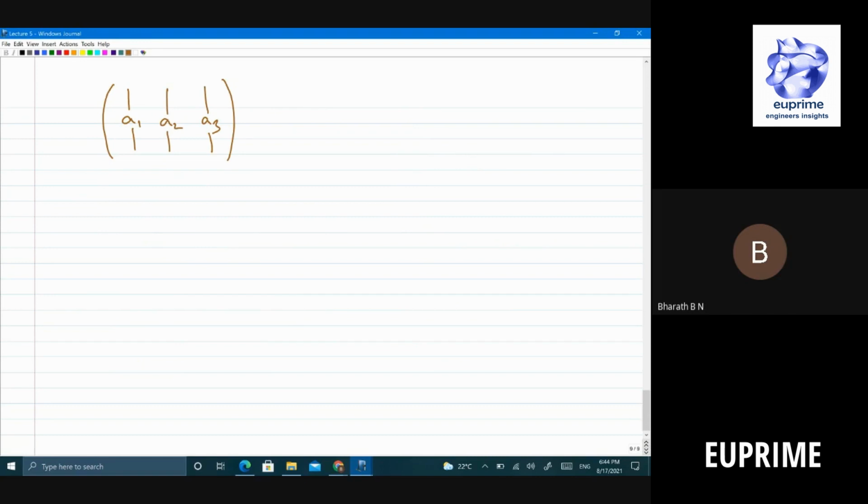So if it is 2, let's say V1 and V2 are the basis for the columns. That means you take any column vector, I can write it as a linear combination of V1 and V2. So the first column I can write as alpha 1 1 V1 plus alpha 1 2 V2. Do you agree? What about the second column?